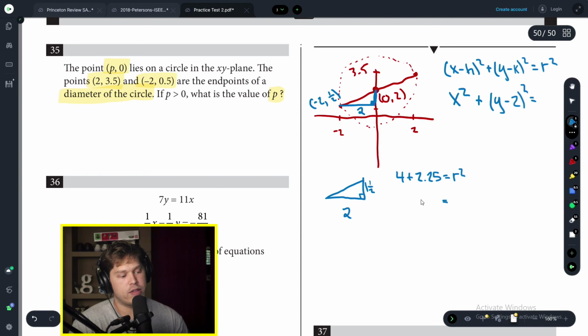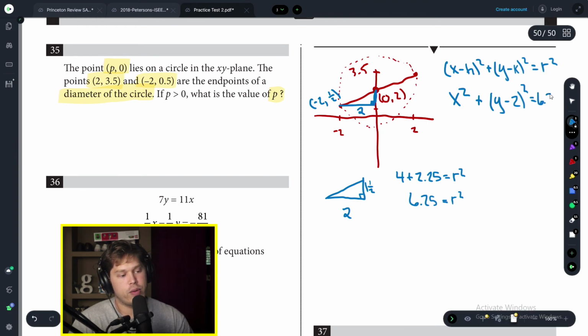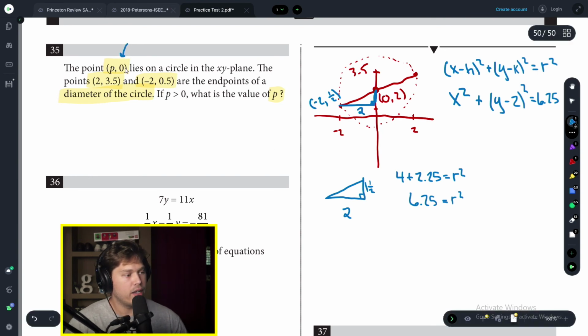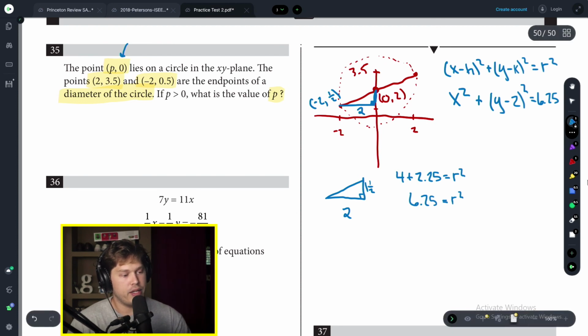So our radius squared equals 6.25. Now we can plug in 6.25 into our circle equation. And then lastly, we can plug in 0 for y as we're solving for p. So if we plug in 0 for y, we'll have x squared plus (-2) squared equals 6.25.